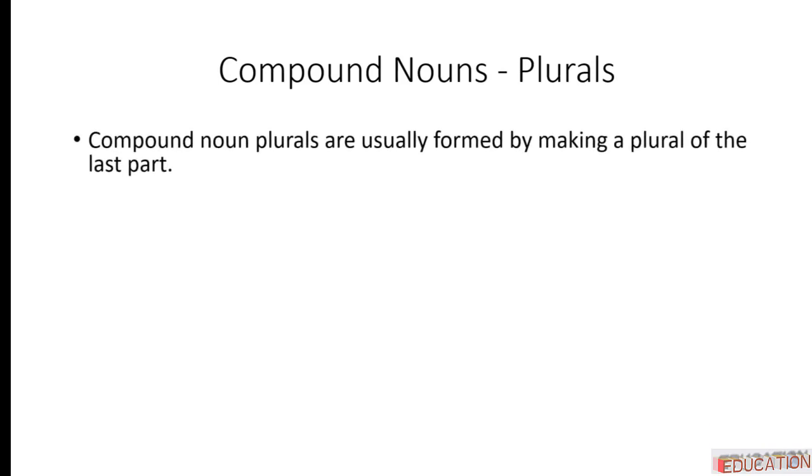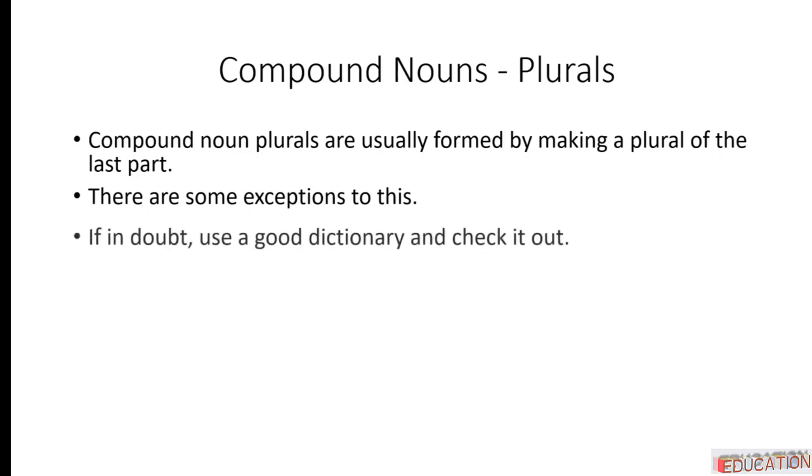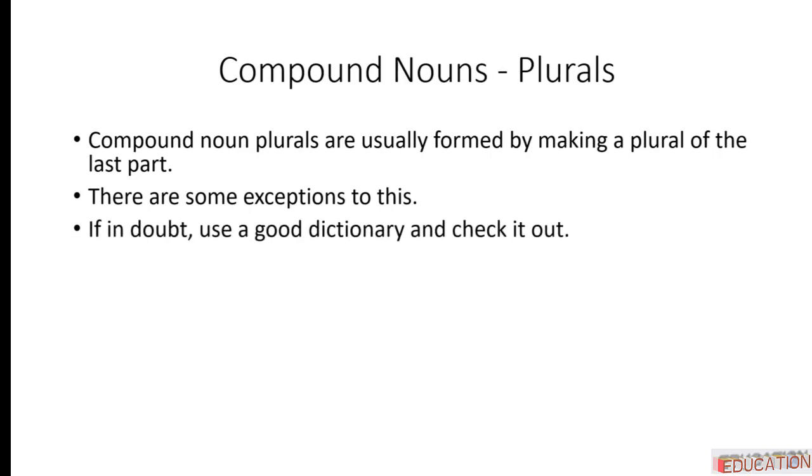And when we form plurals of compound nouns, we usually form them by making a plural of the last part, using all the rules that apply to plurals. But there are some exceptions. If in doubt, use a good up-to-date dictionary and check it out for yourself. Here are some examples.